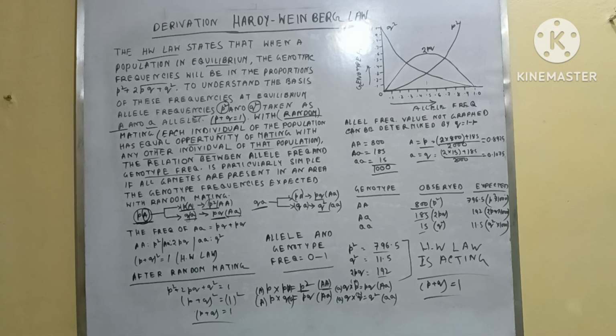That means how you can calculate the allelic frequency from the genotypic frequency, or the genotypic frequency from the allelic frequency. If you have the observed values, you will get the expected values related to the genotypic frequencies. Clear? So this is the second part of the Hardy-Weinberg law.